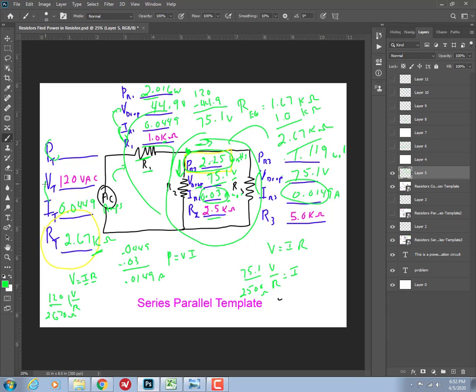now actually we can multiply volts times amps over here. We got 120 times 0.0449, and we get 5.388. Okay.